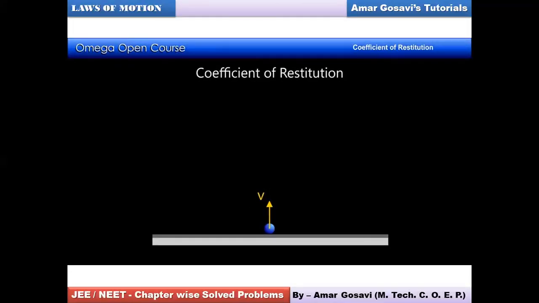According to our definition, the coefficient of restitution is the ratio of separation speed to approach speed. So it will be v by u, which further implies v can be written as e into u. This is an important equation which you would be using time and again.